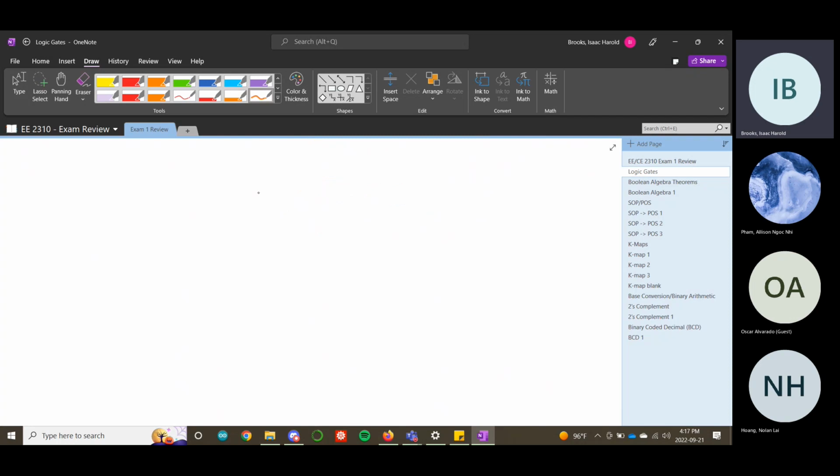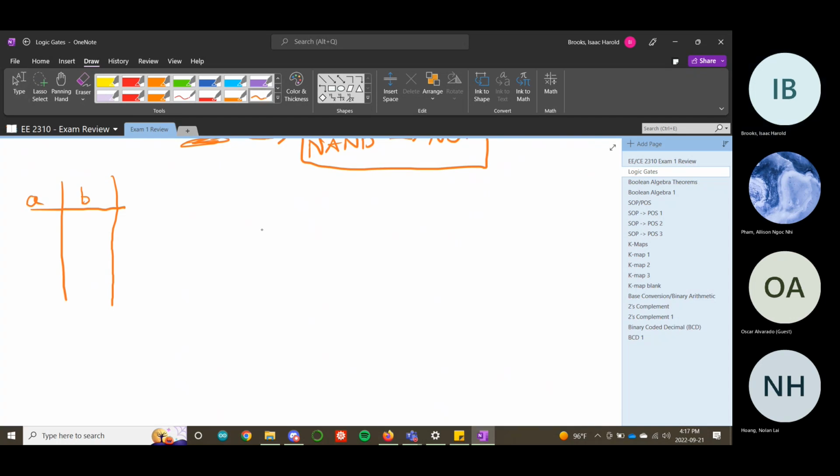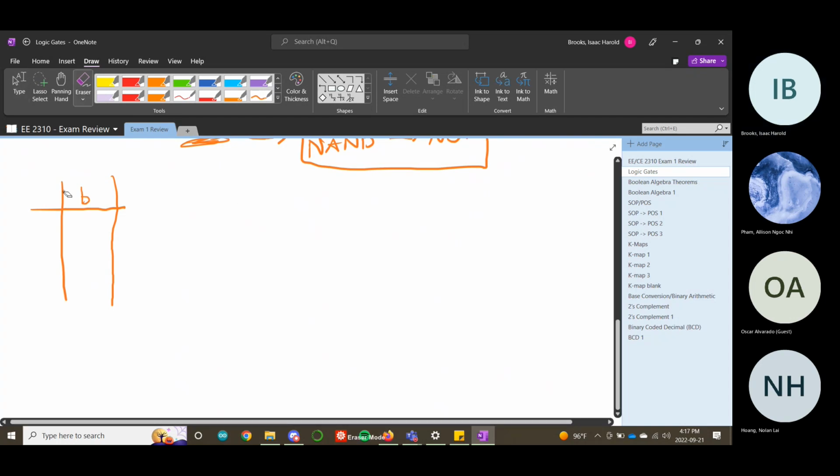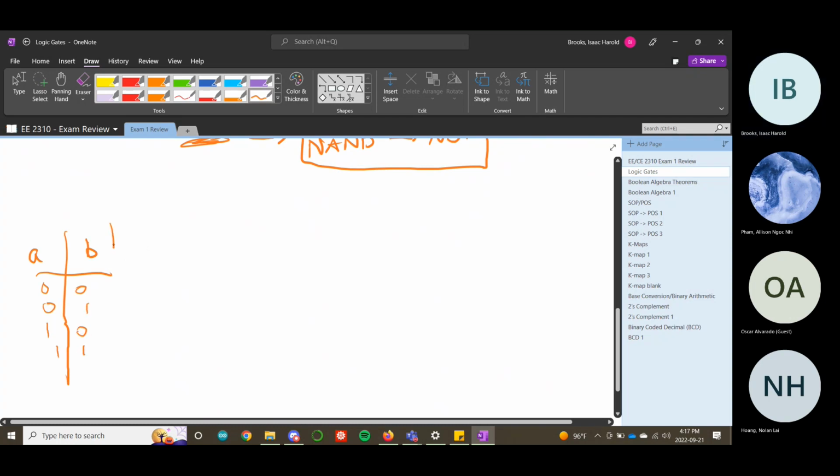So next we'll just look at all the gates that you need. Say our inputs are A, B. Maybe I should give myself a little more room. So A, B is going to go 0, 0, 0, 1, 1, 0, 1, 1.